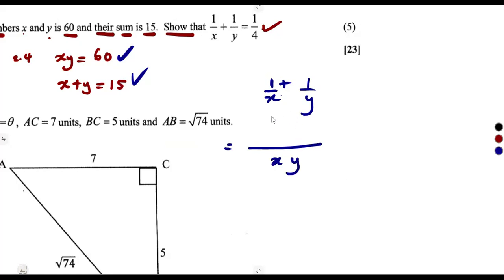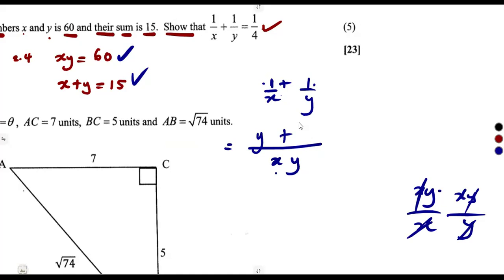That's xy there. Let's add. Remember division: we divide xy by x, so you remain with y times 1, which is y. Plus xy divided by y, you remain with x, then x times 1 is x.